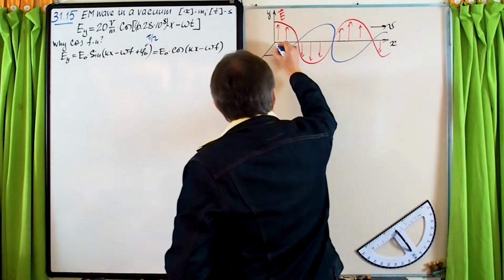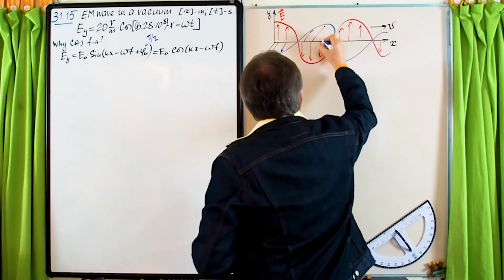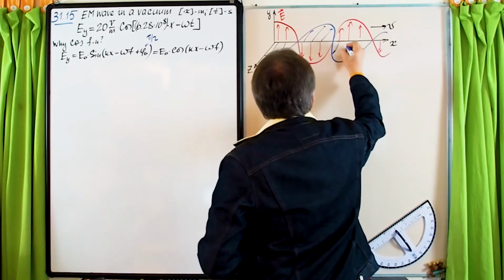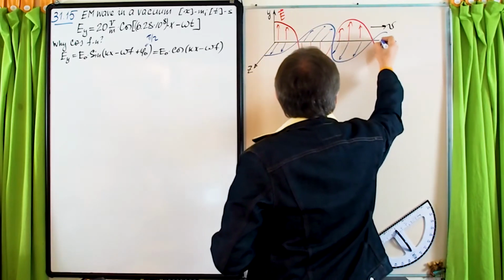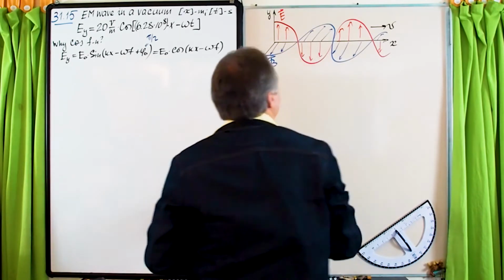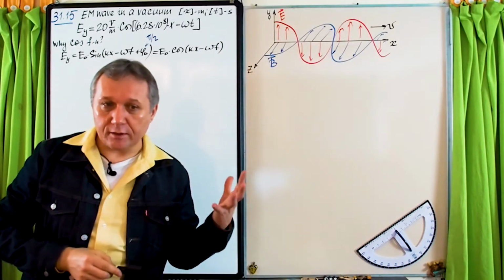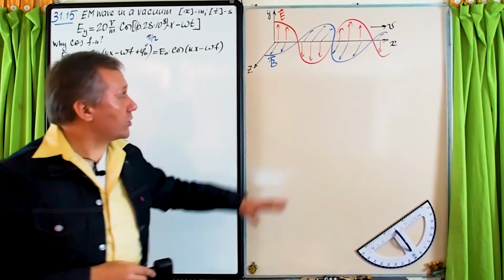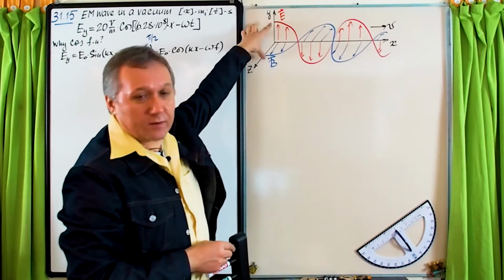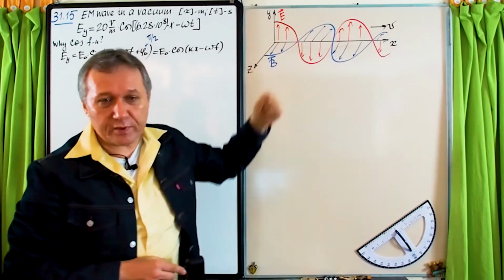Now let me also draw the magnetic field vectors. That's B. Again, you see they oscillate in unison. They share ups and downs: they reach maximum at the same time, zero at the same time, minimum at the same time.